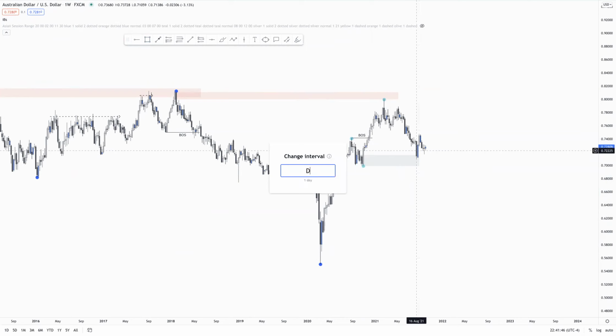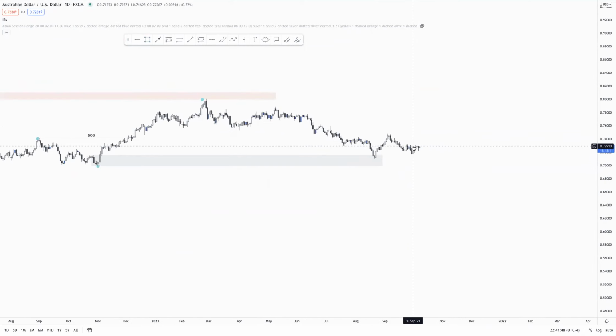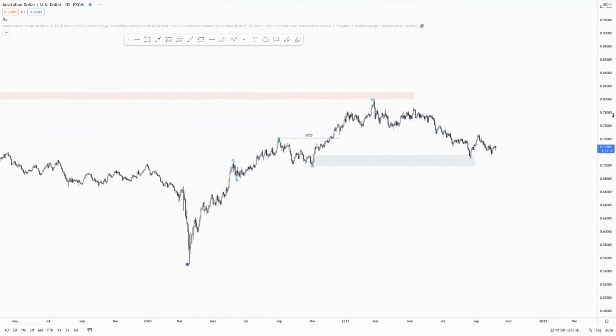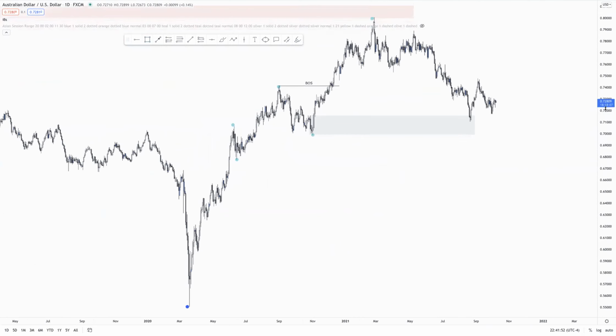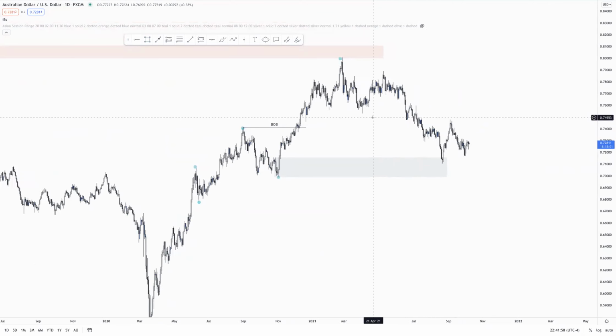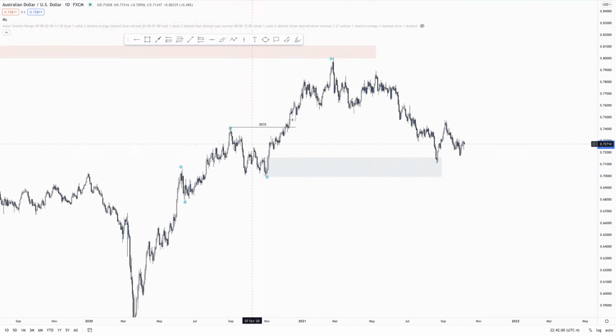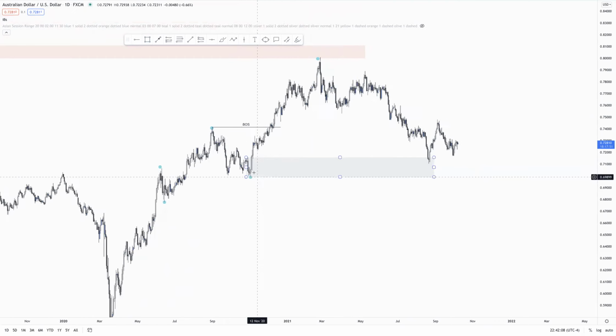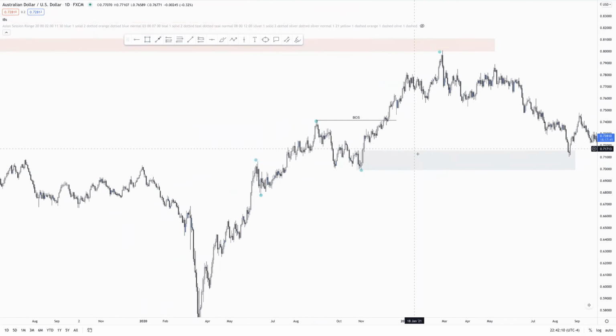And if I go to the daily, let's start breaking down the daily a little bit. So on the daily, things become a little bit trickier, to be honest with you, because this could be viewed as a pullback, a high, a BOS, and then a push lower. But from a weekly perspective, you guys can see this wicked out these equal lows right here.